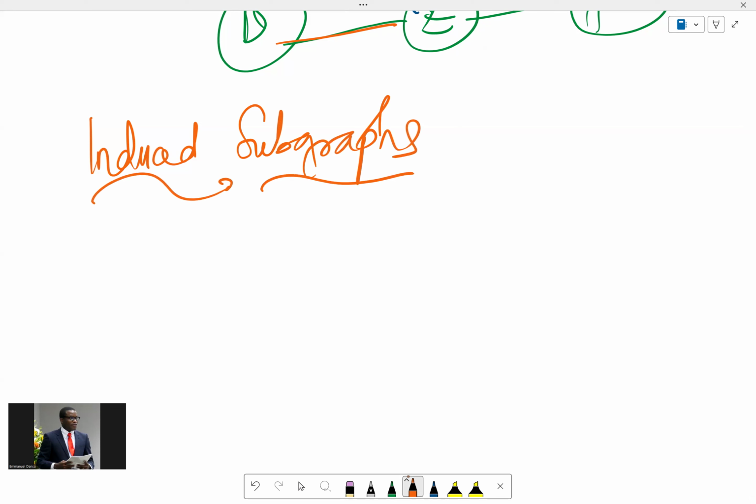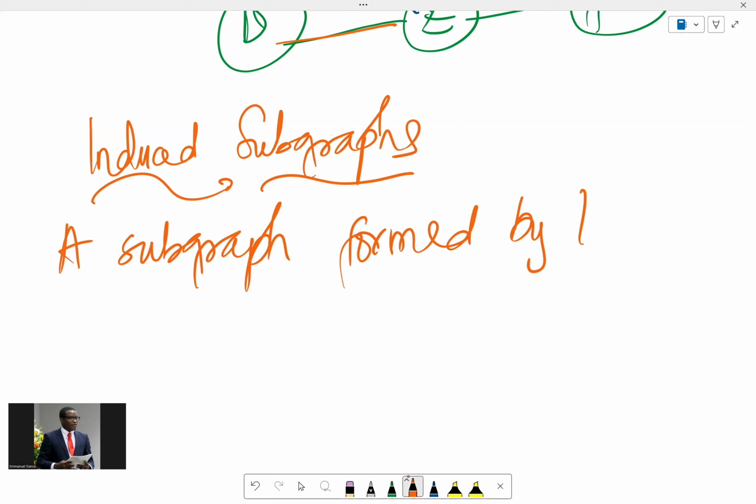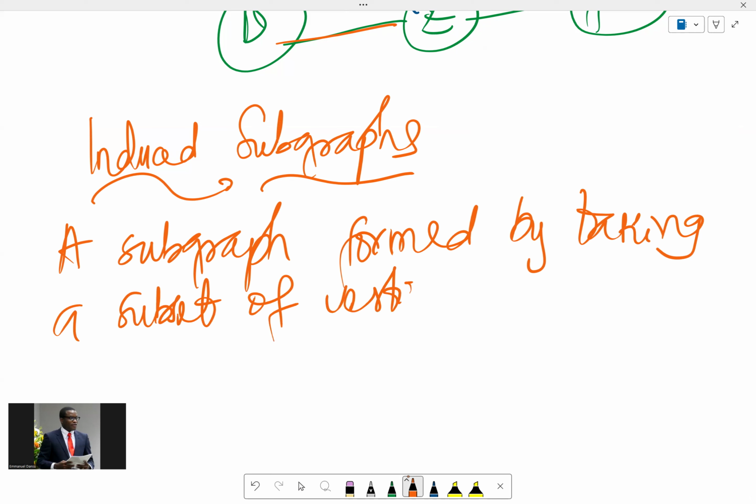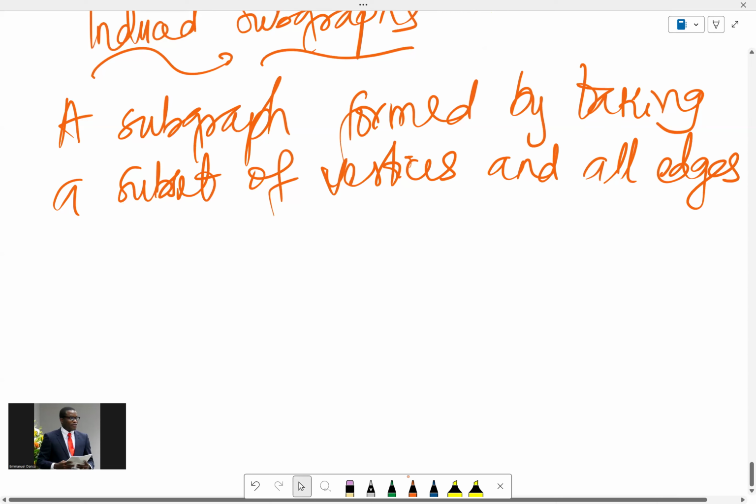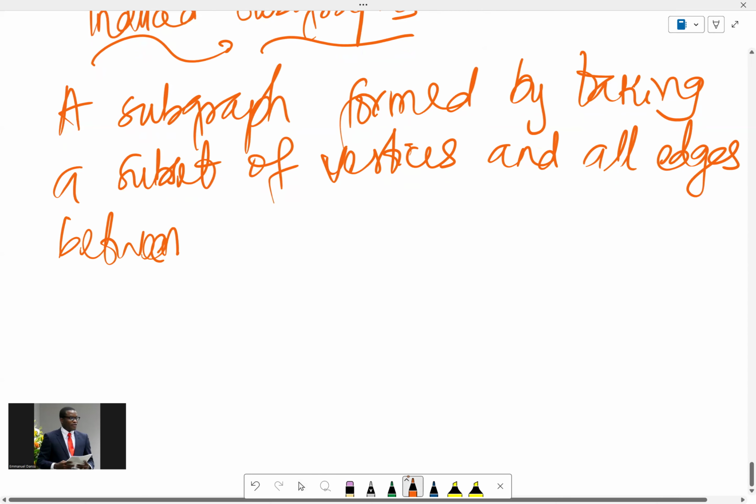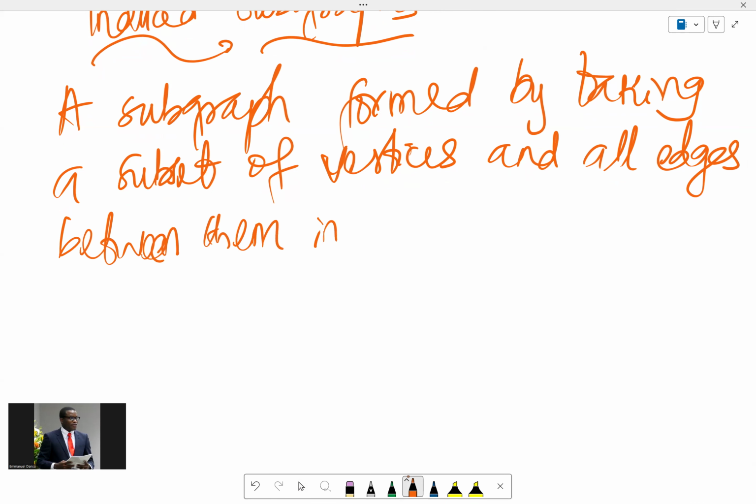A subgraph is formed by taking a subset of vertices and all edges between them in the original graph. That will be an induced subgraph.